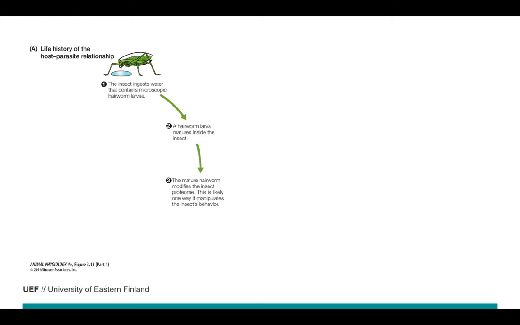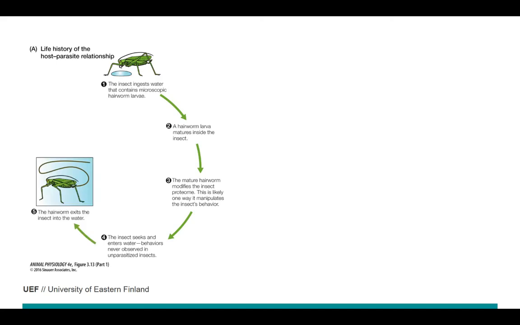The change in the number of proteins is affecting the behavior of this insect. Because normally this insect is not trying to find water, but now it does. It seeks and enters the water, and when it's inside the water, then this parasite exits and breeds, producing larvae. So that's the life cycle of this parasite.